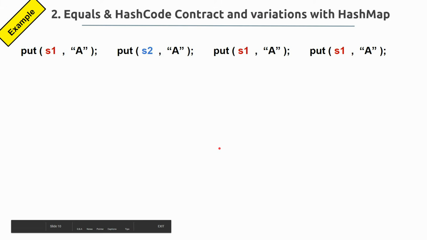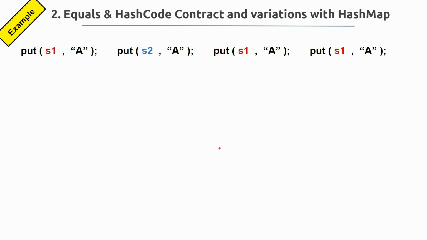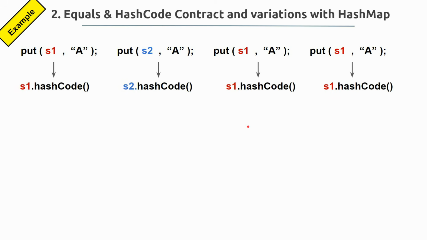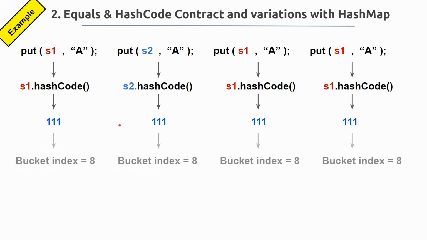So let's come back to our example and try to put those objects one by one. First we'll put S1, then S2, then again S1, and then again S1. First, the JVM will try to find the hashcode, and the hashcode method is always returning the same value, 111. So from the same value, the JVM will generate the same bucket index, right? They will go to the same bucket index because they have the same hashcode. S1 will go into the bucket, and this is the first object, so it will be added as the first node.